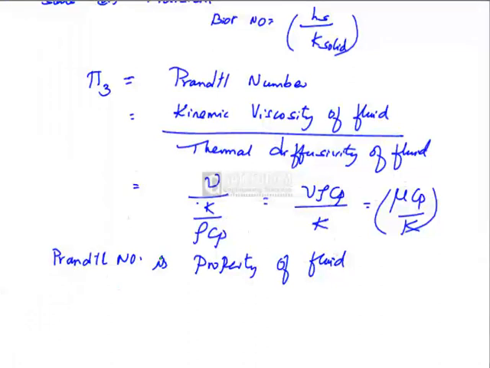In fact, Prandtl number is the criteria. Later we are going to see that Prandtl number is the criteria which tells whether hydrodynamic boundary layer is thicker or thermal boundary layer is thicker in the convection heat transfer problems.